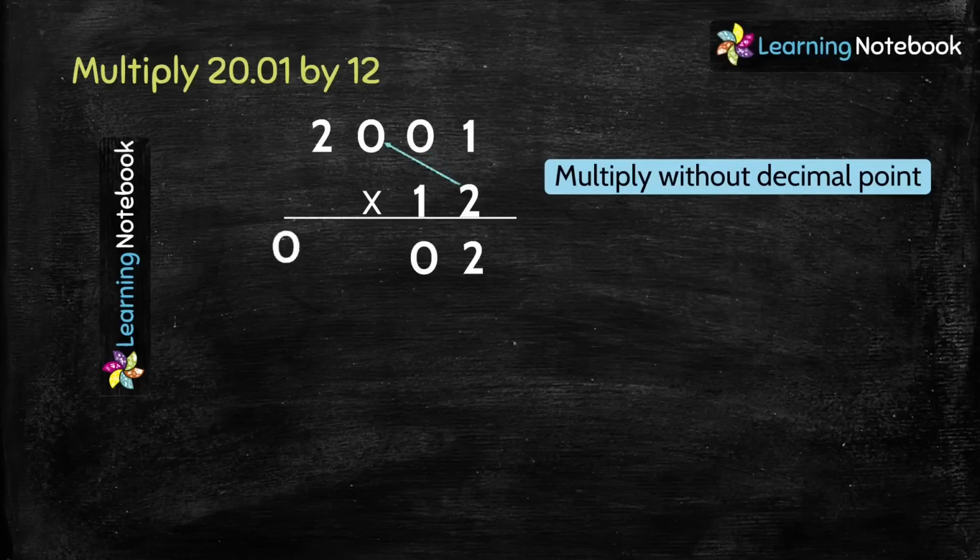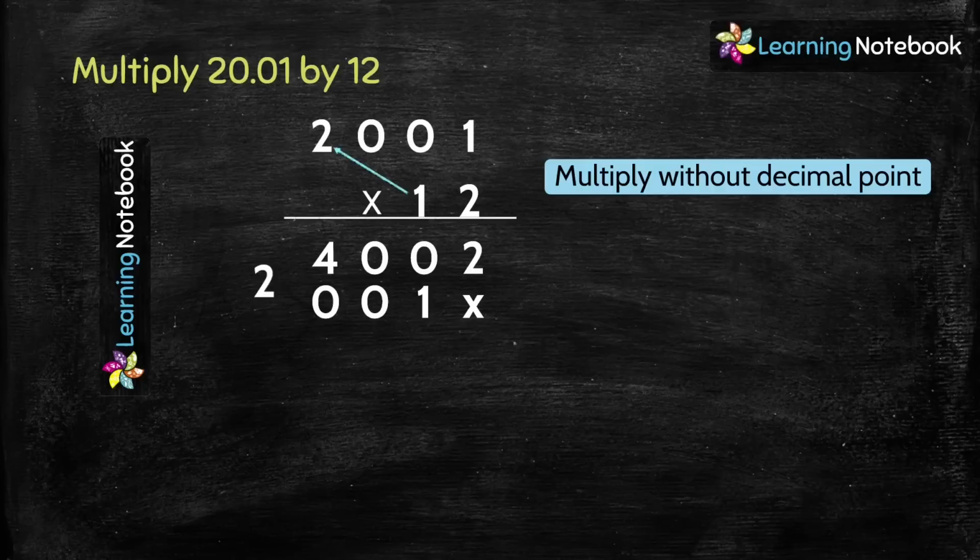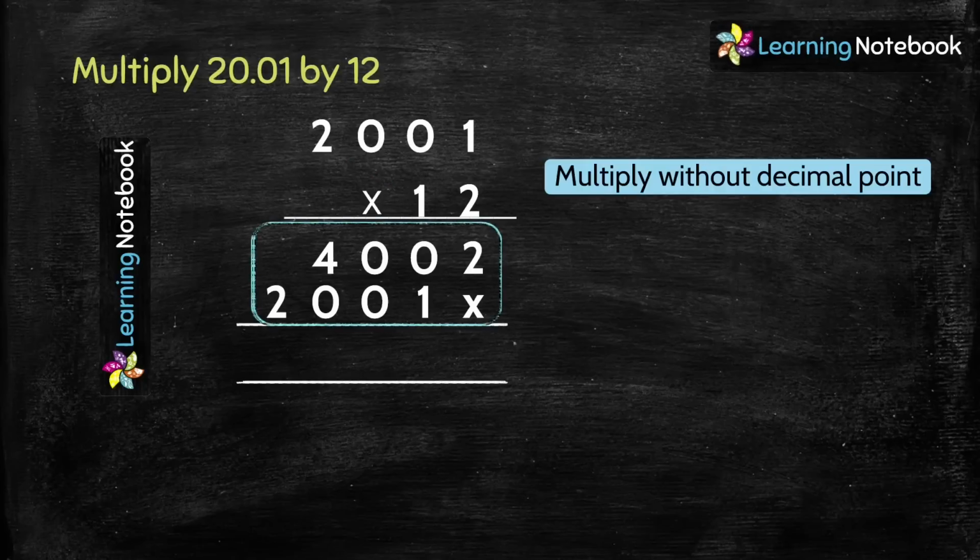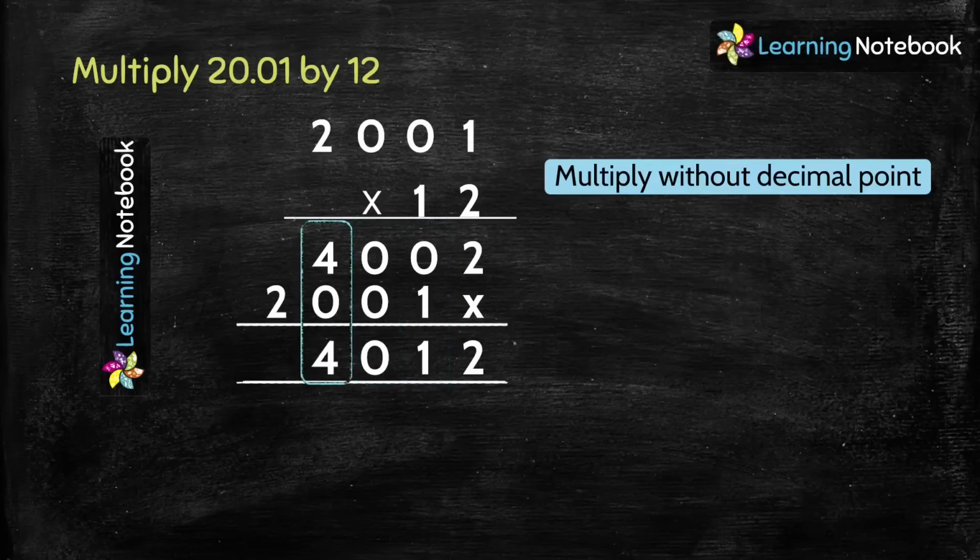So we will multiply 2001 by 12. So we get the product as 24012.